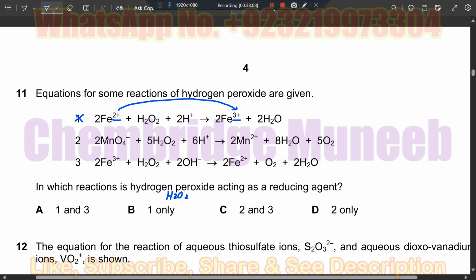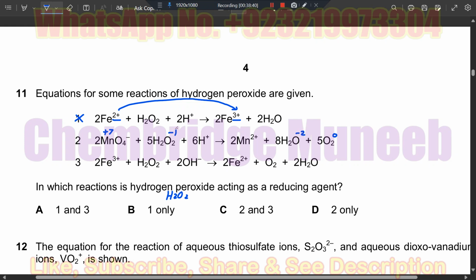Now if we check option 2, the only element which changes its oxidation state other than in hydrogen peroxide is manganese. Manganese is changing from plus 7 to plus 2, which means it is being reduced. Now we have to look at the H2O2 as well. In H2O2, the charge on oxygen is minus 1, in the oxygen molecule it is 0, and in water it is minus 2.